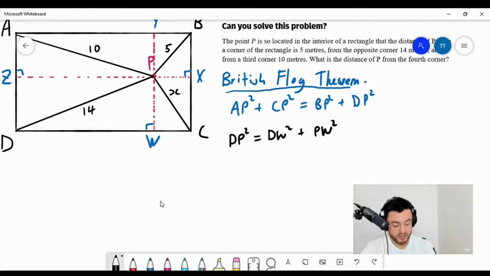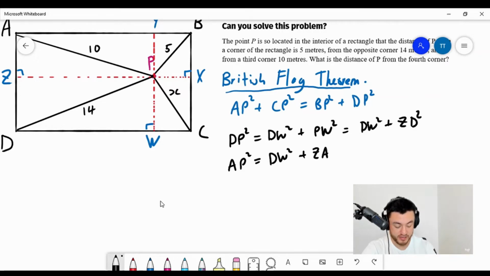So we can write this as DW squared plus ZD squared. And I'm going to do that for all four triangles. So now I'm going to look at the triangle AZP. That means we have that AP squared is equal to, instead of using ZP, I'm going to use DW, plus, and then I have AZ or ZA squared.